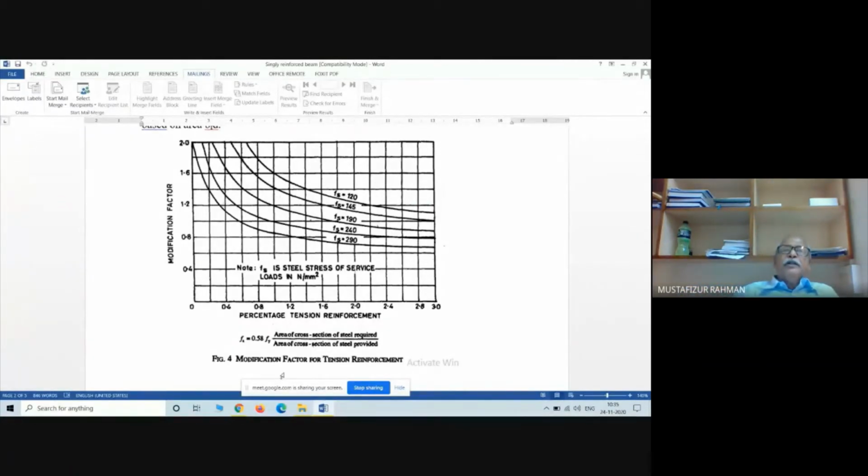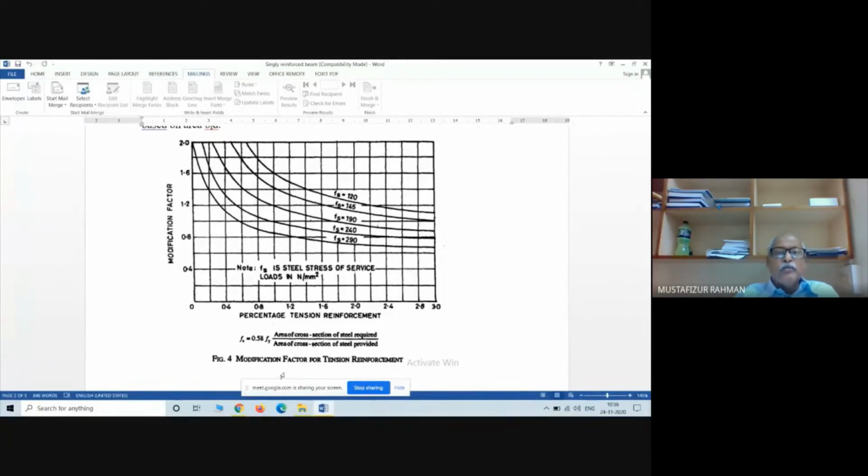Whatever amount of steel we had utilized from the bending moment point of view is known to us, which we had obtained in our solution of the reinforcement problem. After finding the amount of steel required, we had utilized the steel. Say from the factored moment, for a particular section, our amount of steel required is 920 millimeter square.